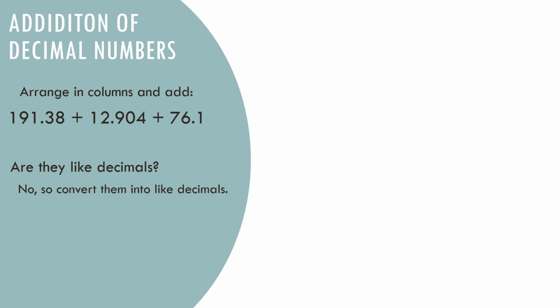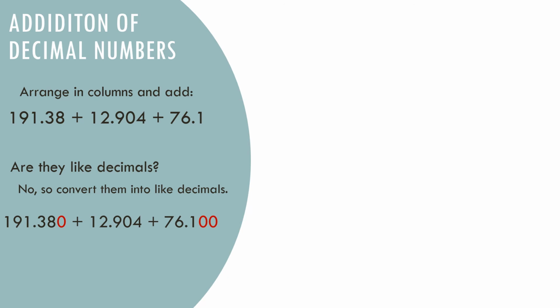So how many zeros will you add in 191.38? Yes, 1 zero. That is 191.380. Then write 12.904 as it is. Can you tell me how many zeros will you add in 76.1? Yes, 2 zeros. That is 76.100. Now these all are like decimals.